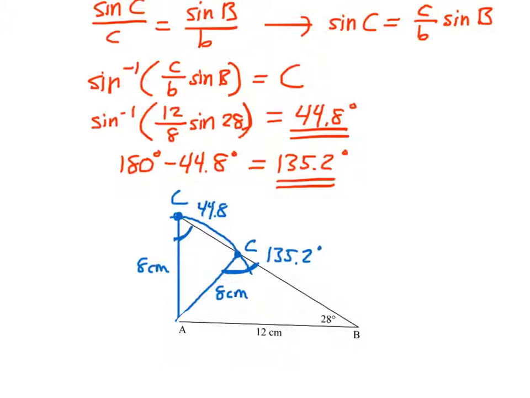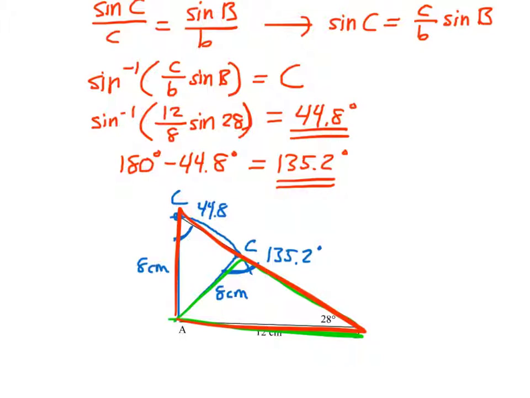I have two triangles here, one in green and one in red. They both have side AB, which is 12 centimeters. They both have an angle B, which is 28 degrees. They both have a side AC, which is 8 centimeters, but they have different angles and different lengths of side BC.